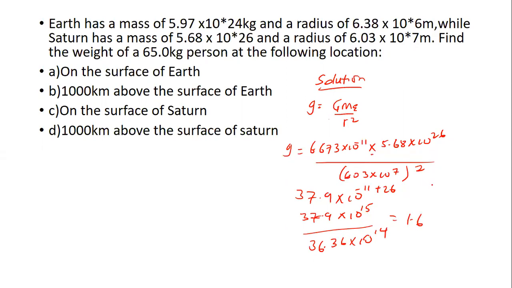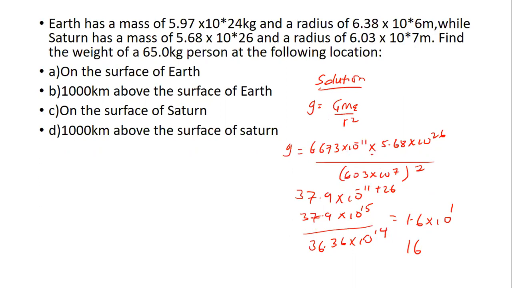It's not 37. I got 38. Where did you get that from? You multiply this. This is where you made the mistake. So 1.6 times 10 raised to the power of 15 minus 14. That's going to give you 16. Am I correct? I'm wrong, right?